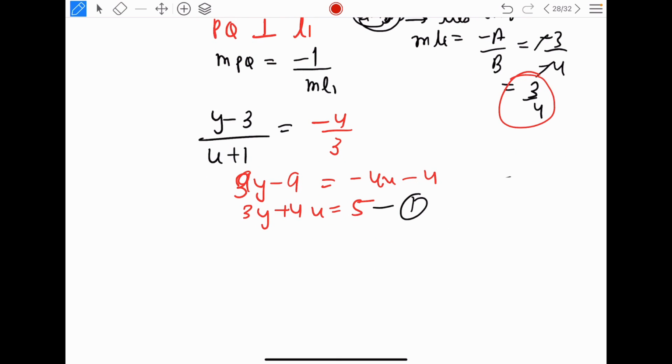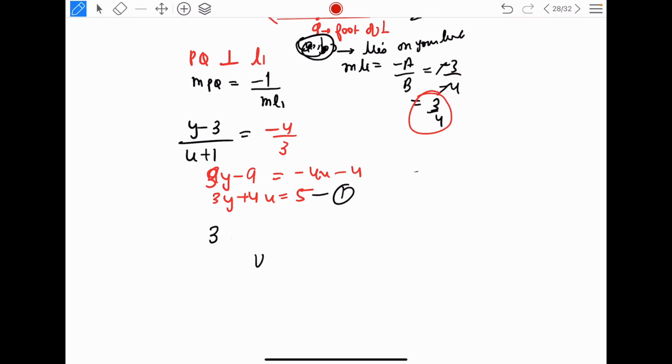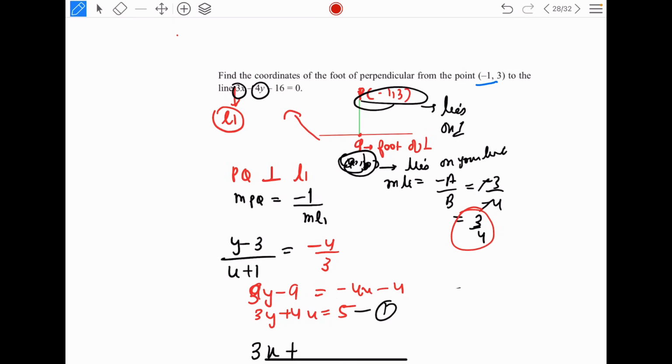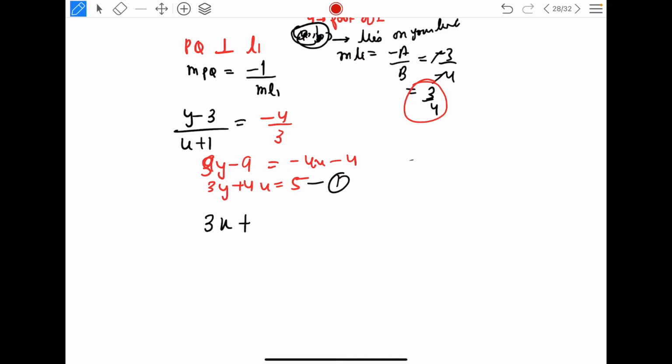So you will have the equation as 3x, because we are directly putting x in the line, and in y we will put minus 4y. So 3x minus 4y minus 16 is equal to 0.